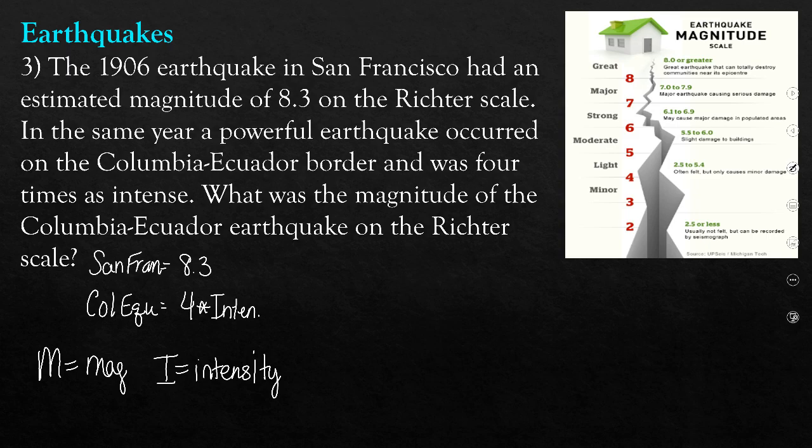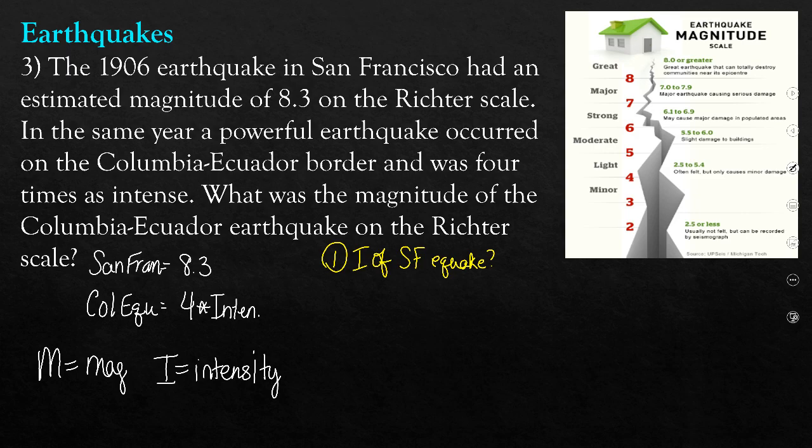So we are first going to do a couple of different things. The first thing we're going to look at is to determine the intensity of the San Fran earthquake. I need to know that because then I'm going to multiply it by 4 to get that of the Colombia-Ecuador earthquake.